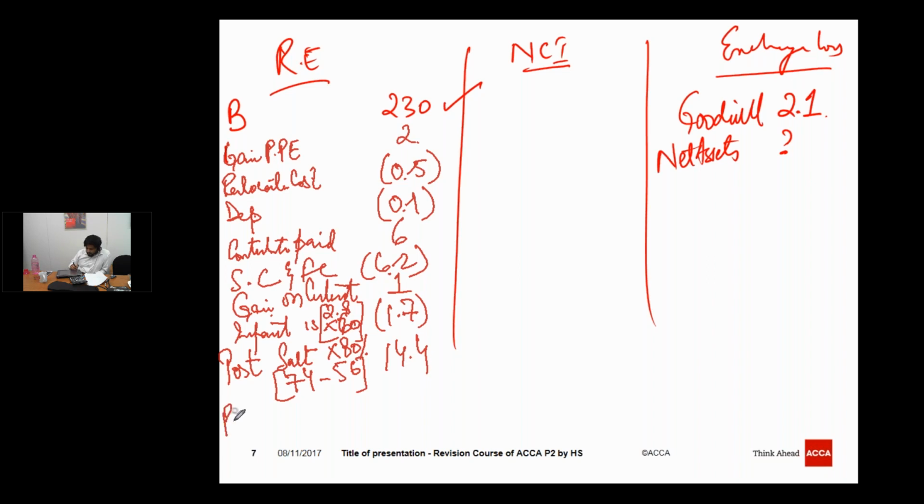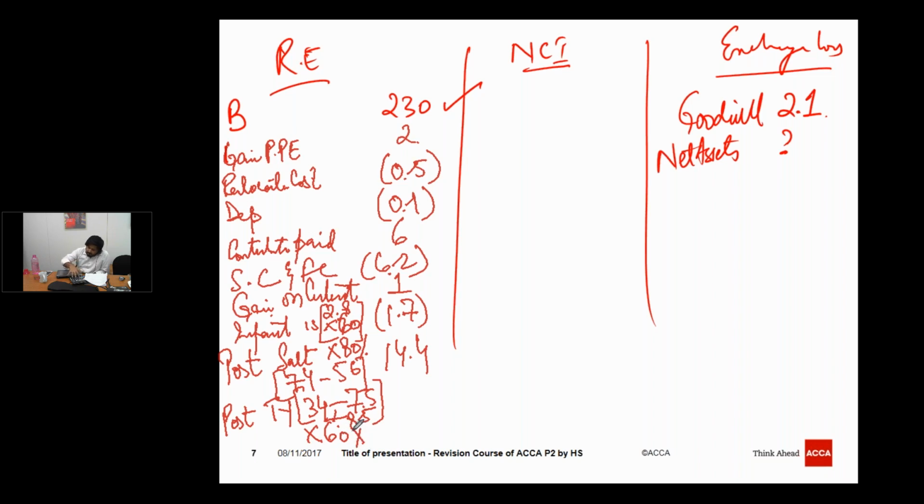And finally the post-acquisition profits of Teisler. You can see in the question that the post-acquisition profits of Teisler is 34, minus we have to adjust 7.5 from it, and we have to divide this with the average rate, that is 8.5, and our share in Teisler is 60%.